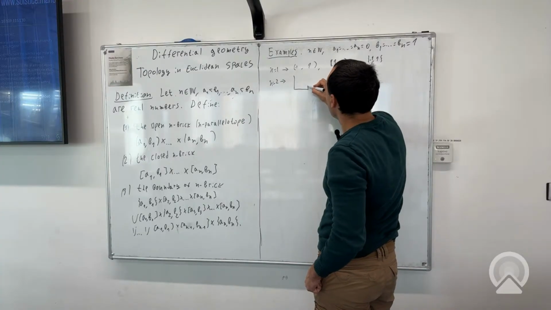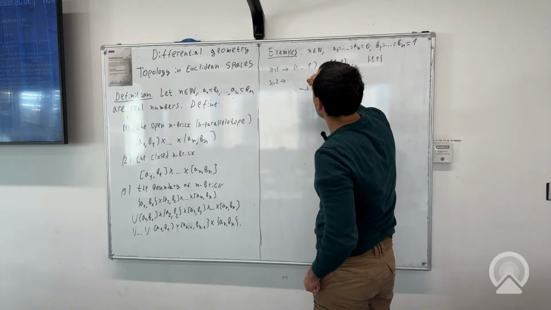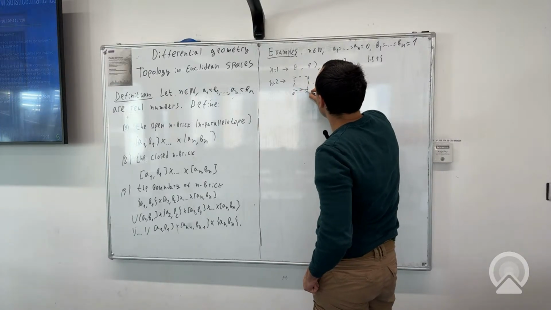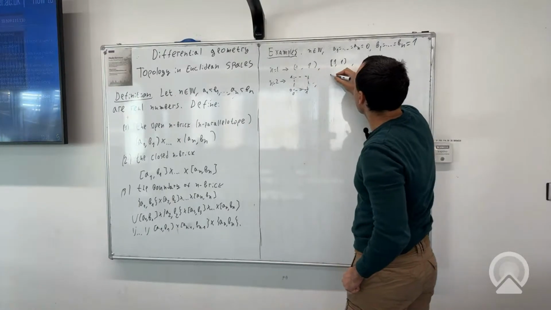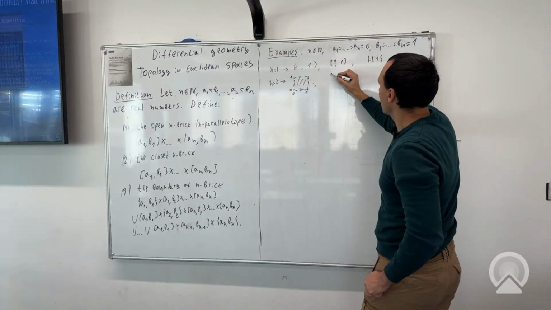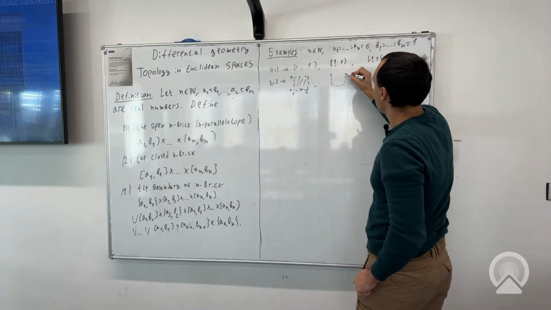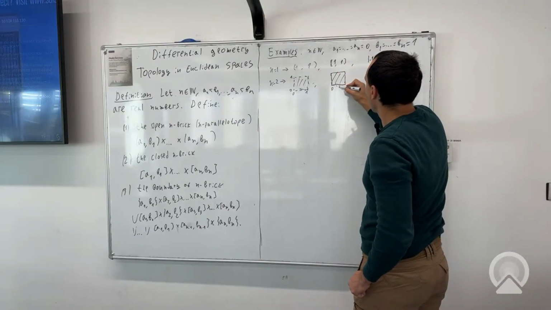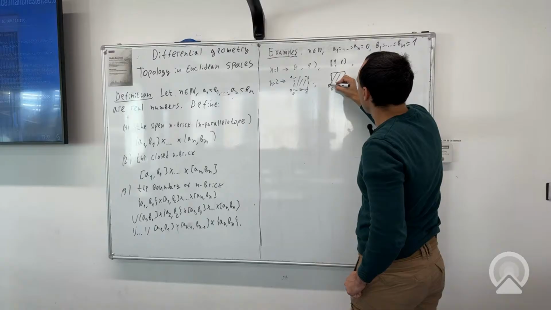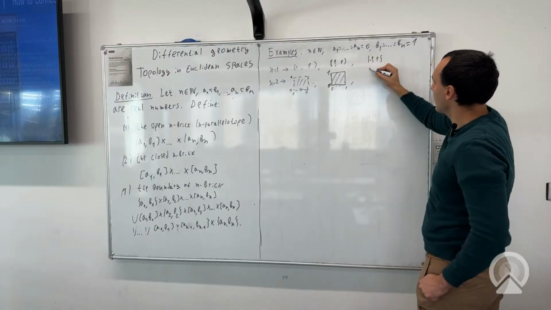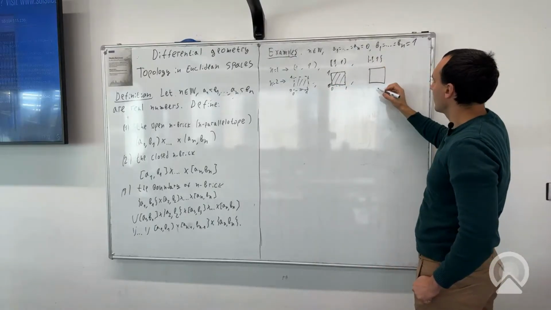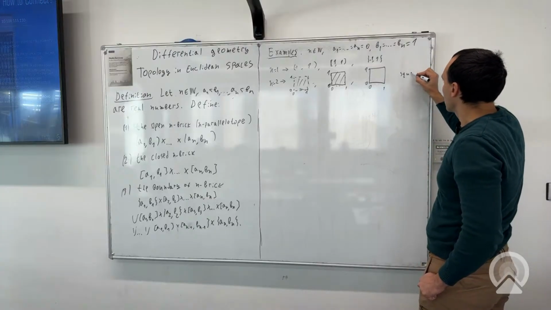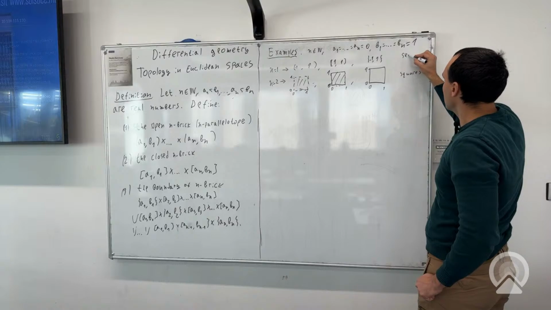So this is the open square, the closed square for the interior, and also we have the boundary of the square without the interior. So these are squares. These are segments and their boundaries.